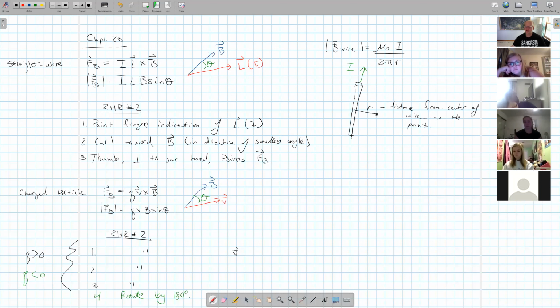The direction of the magnetic field is then given by right-hand rule number 1. So right-hand rule number 1 says that step number 1, thumb in direction of the current.